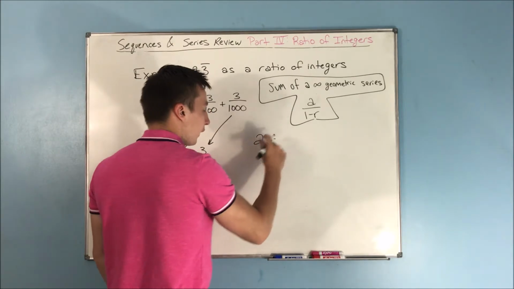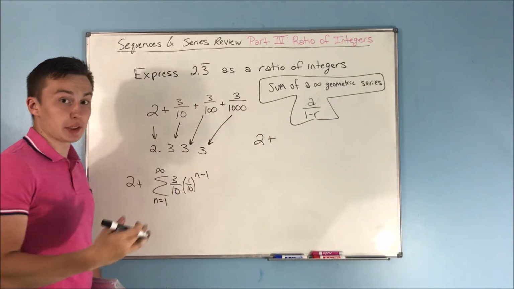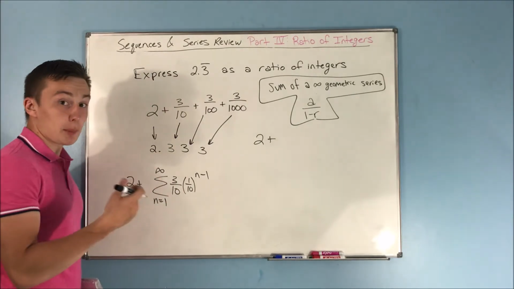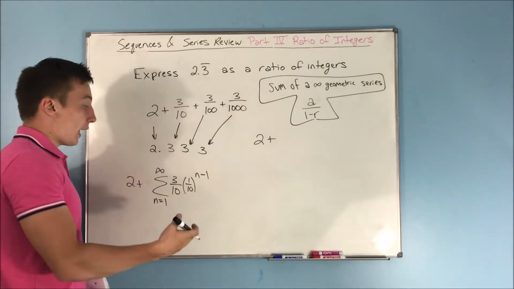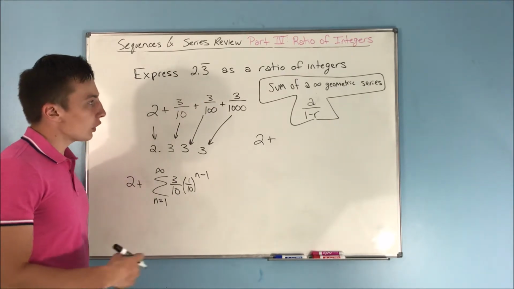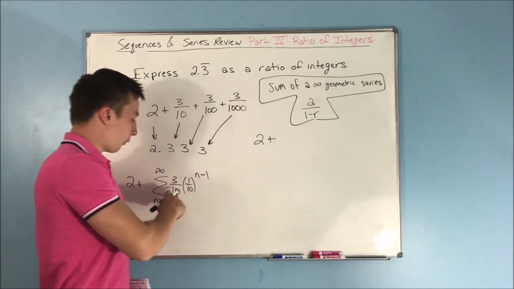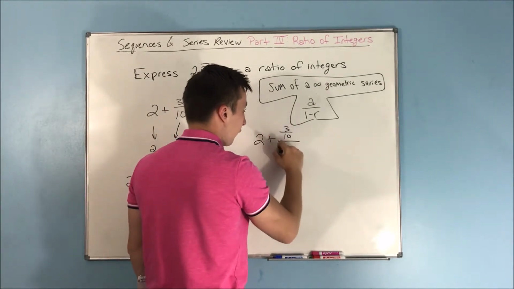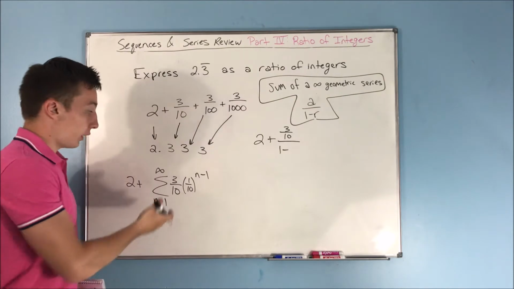Remember, don't forget anything that does not follow your geometric series, because you don't want to just find the sum of your geometric series. You want to find the sum of your geometric series added to the rest of whatever you have. So we're going to have a 2 plus, what's our a? Our a is 3/10. We have a 1 minus, well, our r is 1/10.